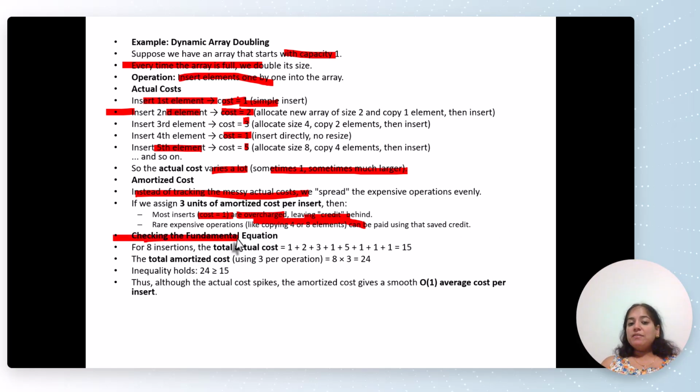Checking with the fundamental equation, for 8 insertions the total actual cost is 15, but the total amortized cost at 3 per operation is 24. So the inequality holds: 24 is greater than or equal to 15. Although the actual cost spikes, the amortized cost gives a smooth, constant average cost per insert.